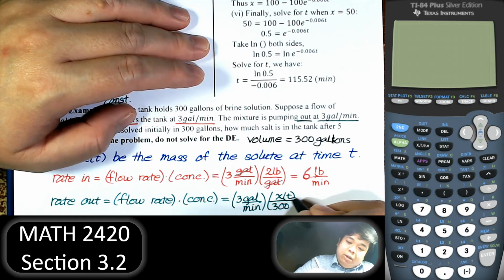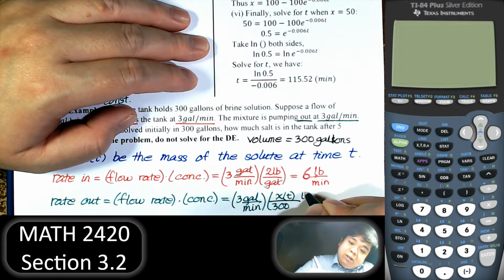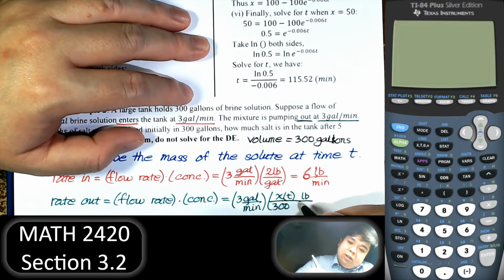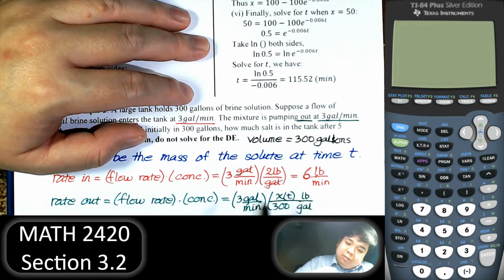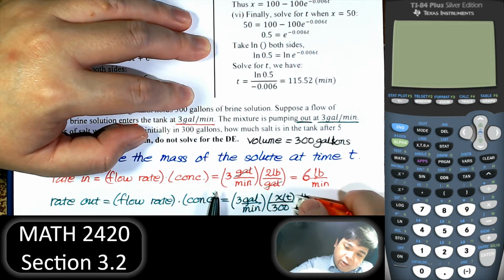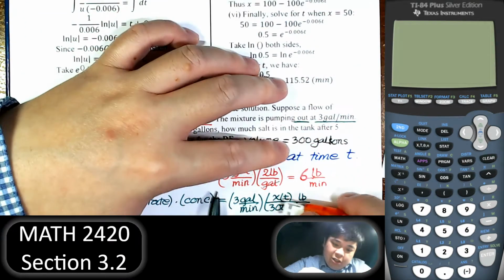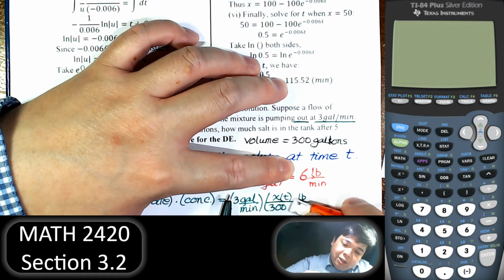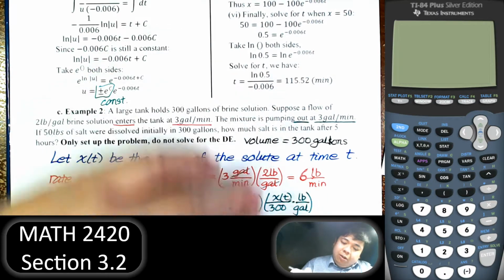And of course the amount will be mass, which is pounds, over 300 gallons.